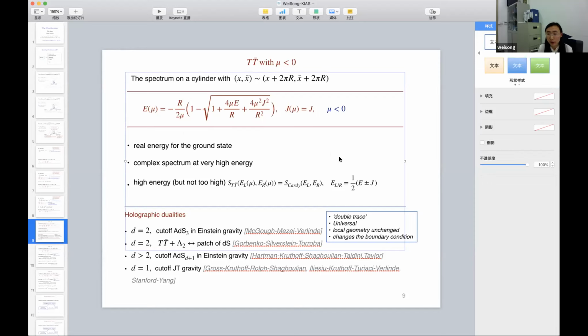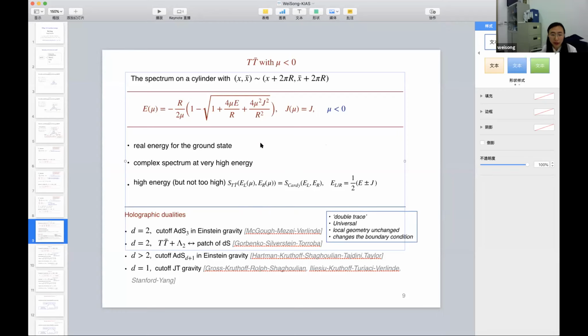Namely, you can just rewrite the Cardy formula in terms of the deformed energy. So there are proposals for this TTbar deformation in 2 dimensions.